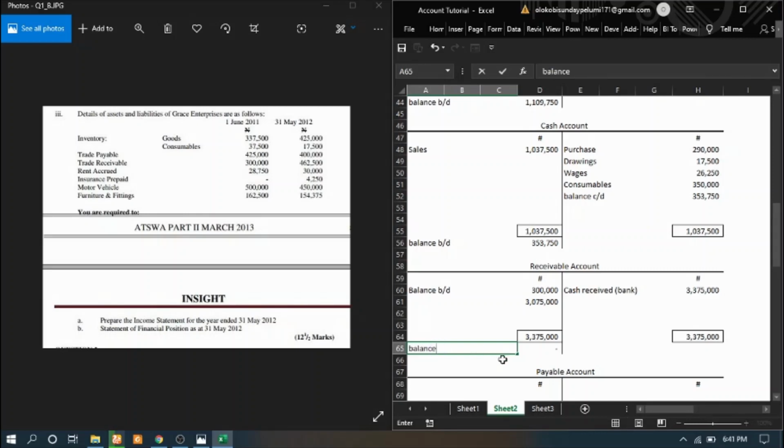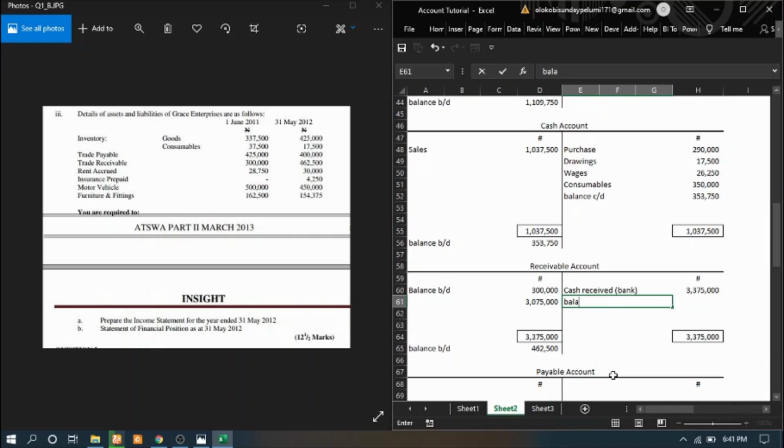This is showing a new accounting period, so they will have a beginning balance of 462,500.